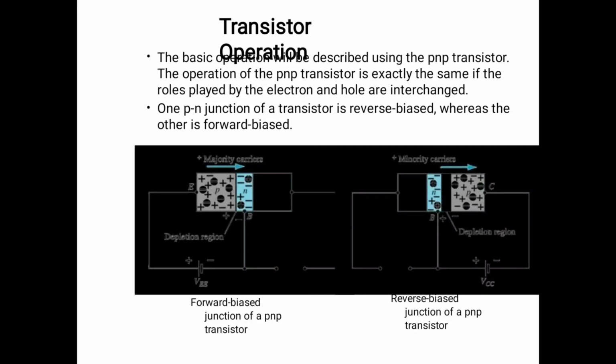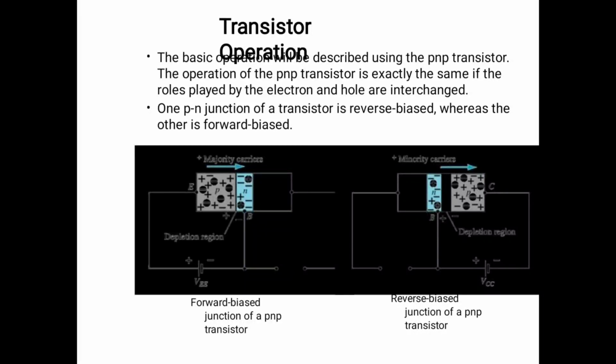The basic operation of the transistor is described using the PNP transistor. The operation of the NPN transistor is exactly the same, with the roles of electrons and holes interchanged. One PN junction of the transistor is reverse biased while the other is forward biased.